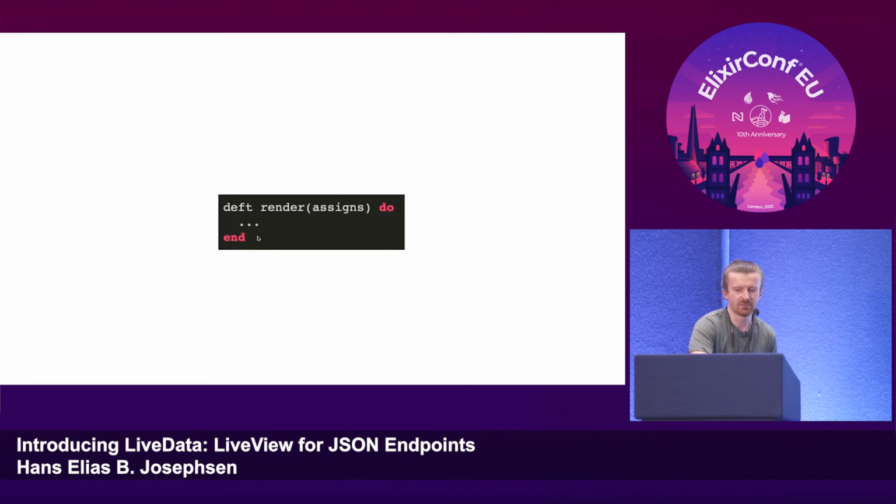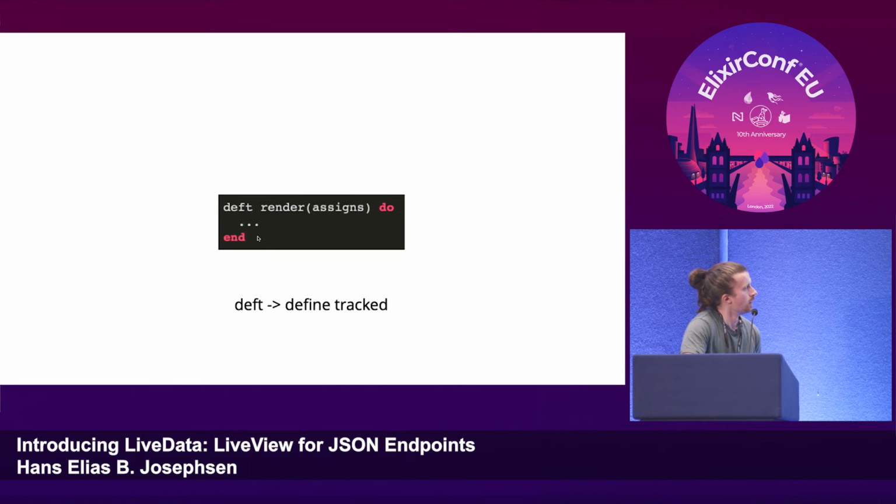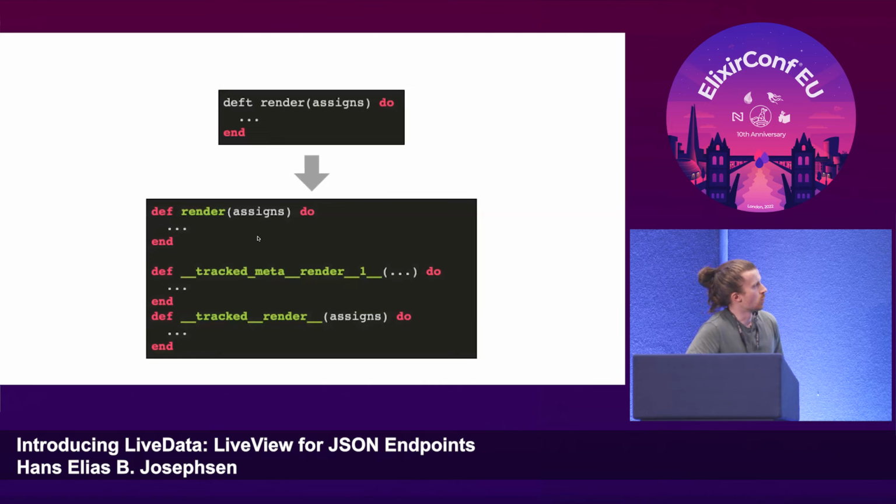And just like def-p or def-n in NX, this is a macro. It's implemented in Elixir itself. So what this does internally is it generates a couple of other things. It generates a render function, just a normal function, which performs exactly like you would expect. It just returns the data structure.